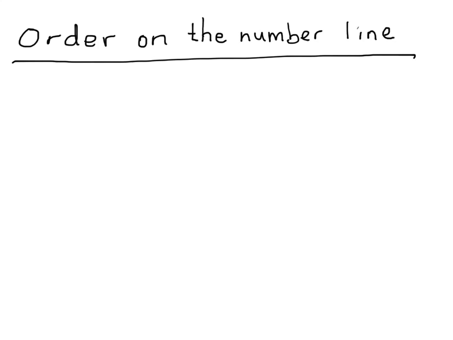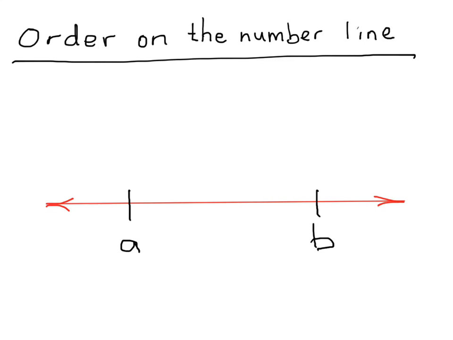So we talk about order on the number line, and what we talk about here is greater than and less than. So if we have A and B, where A is to the left of B, doesn't matter if we're talking about positive or negative numbers, but just if A is on the left, B is on the right, we say that A is less than B, or B is greater than A. Now we can also put in a less than or equal to sign in there, and that's written like that.